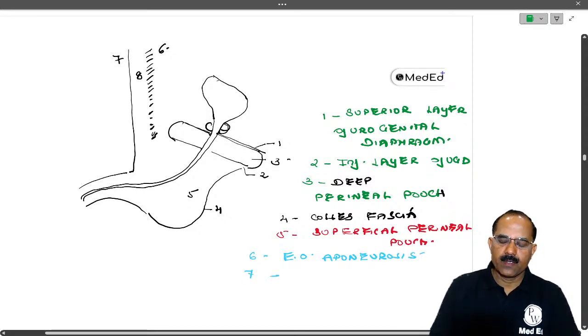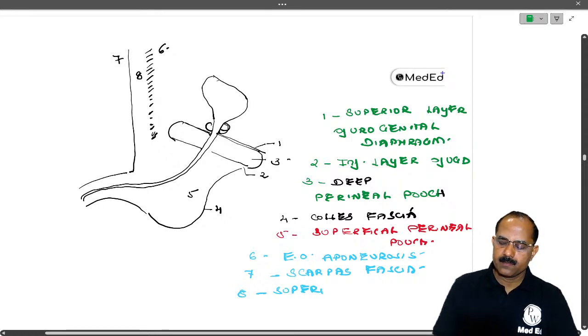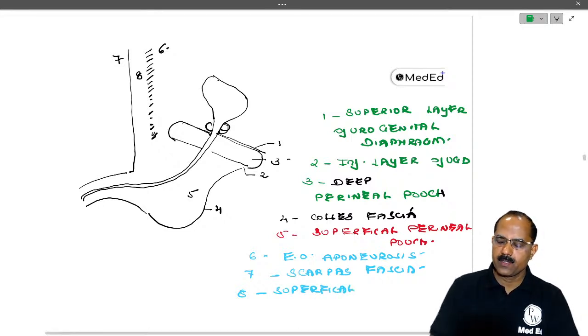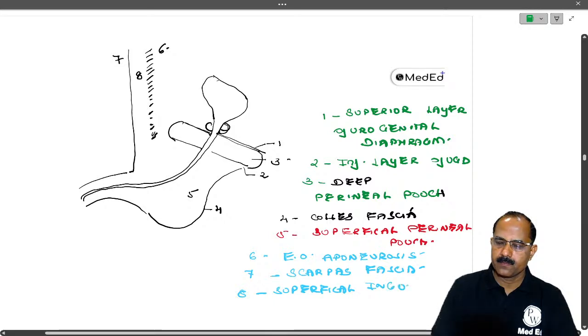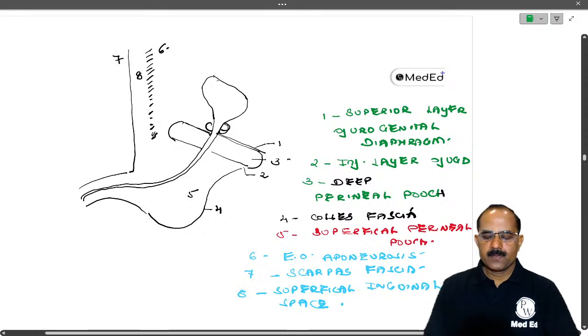Number 7 is the Scarpa's fascia. And number 8 is superficial inguinal space.